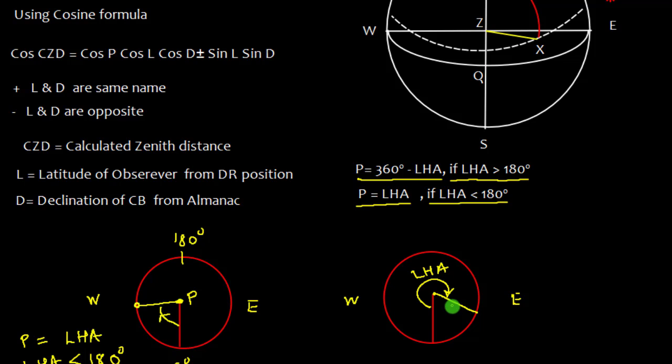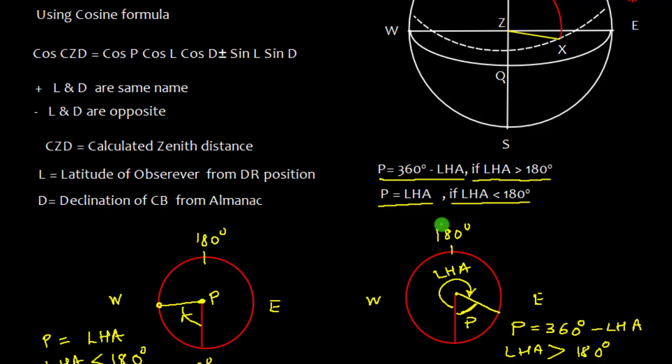So obviously this angle is P, and we can see easily the P is going to be nothing but 360 degree minus LHA, and here the LHA is greater than 180 degree because this is 180 degree. Well, this is the way we need to figure it out, and we need to remember this P.